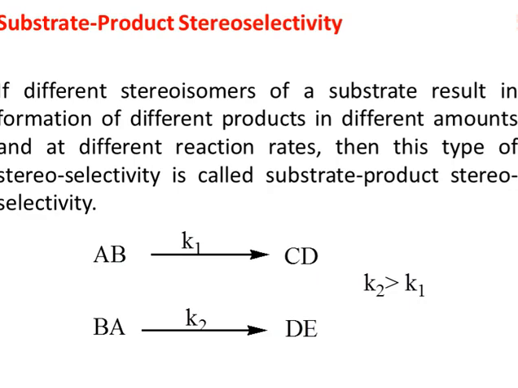If you are getting the same product from two substrates, then since the selectivity depends on the reactant, such type of stereoselectivity is called substrate selectivity. While if the stereoselectivity depends on both your reactant as well as product, then such type of stereoselectivity is called substrate product stereoselectivity.